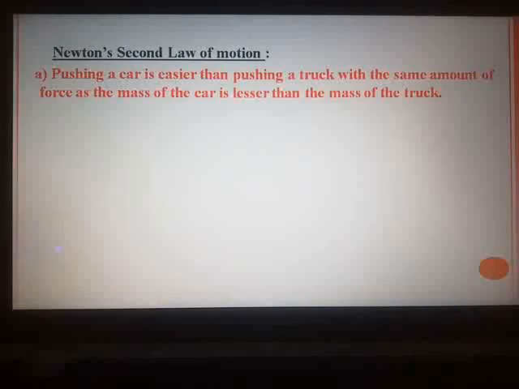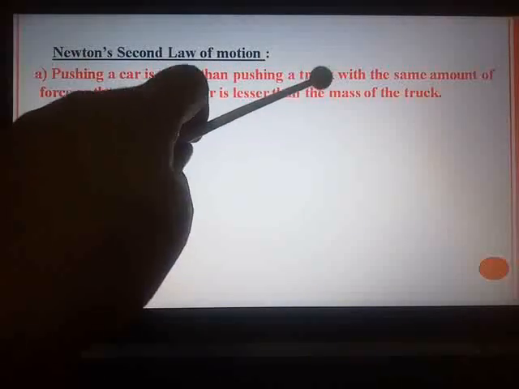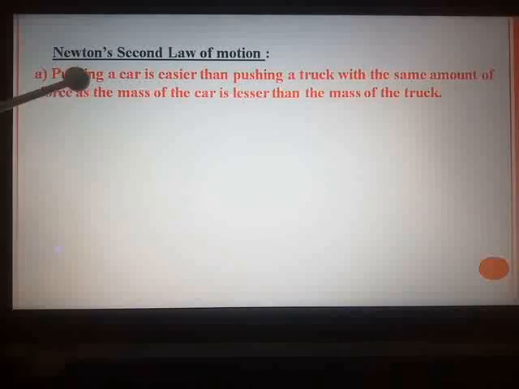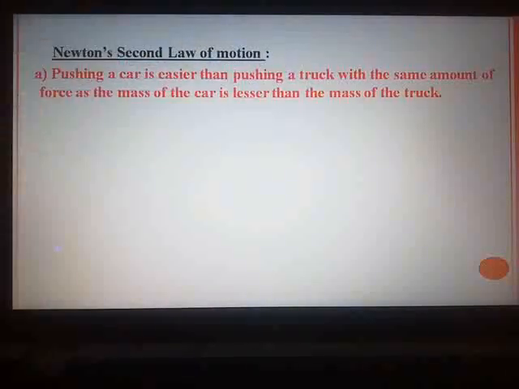Newton's second law of motion is based on momentum. So the first example which I have taken is pushing a car is easier than pushing a truck with the same amount of force. Why? Because the mass of the car is lesser than the mass of the truck. What is the second law?